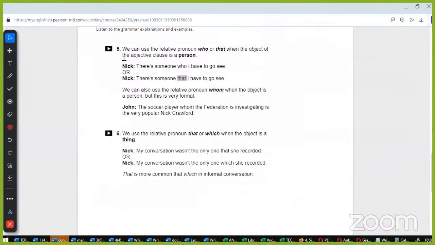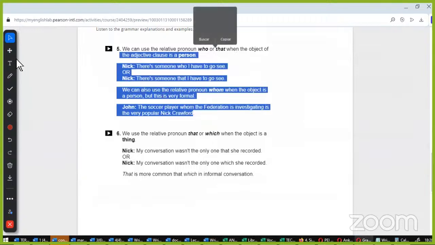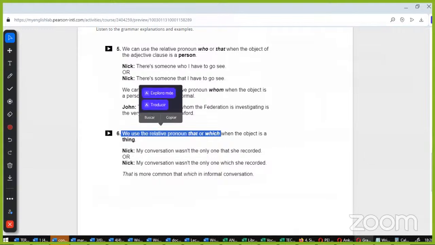So, let's continue. And we use that or which when the object is a thing. In this case, let's write.